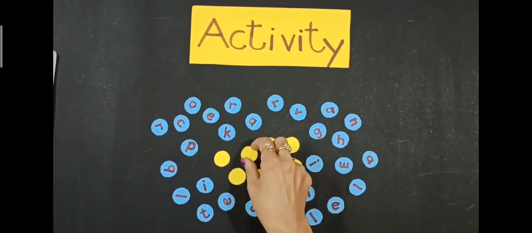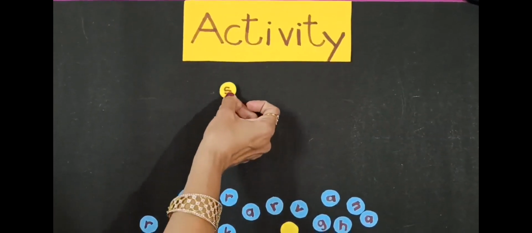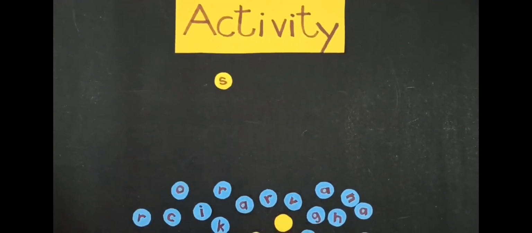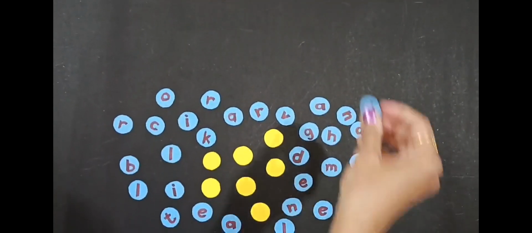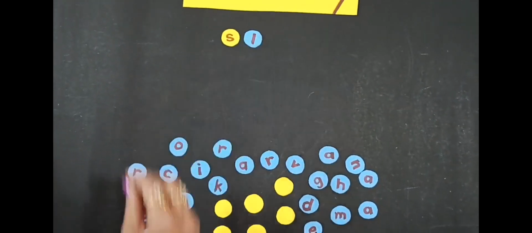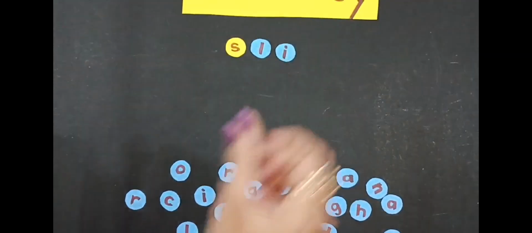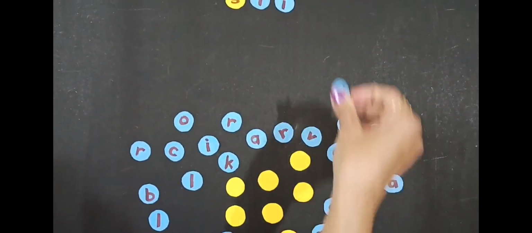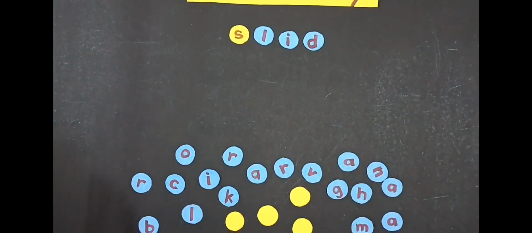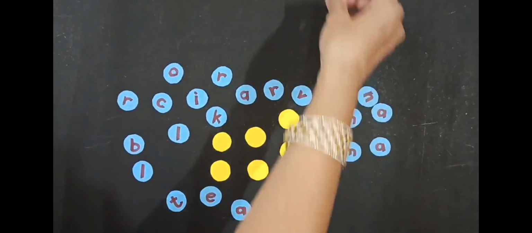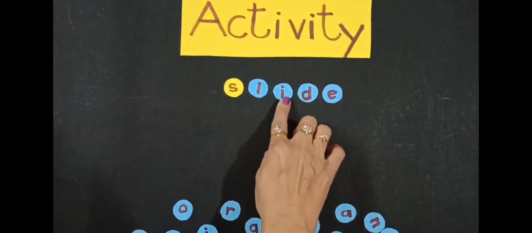Let's turn the first letter. First letter is S. Now we have to make a word with S. So I'll take this L, then I, then D, and then E. It becomes slide.